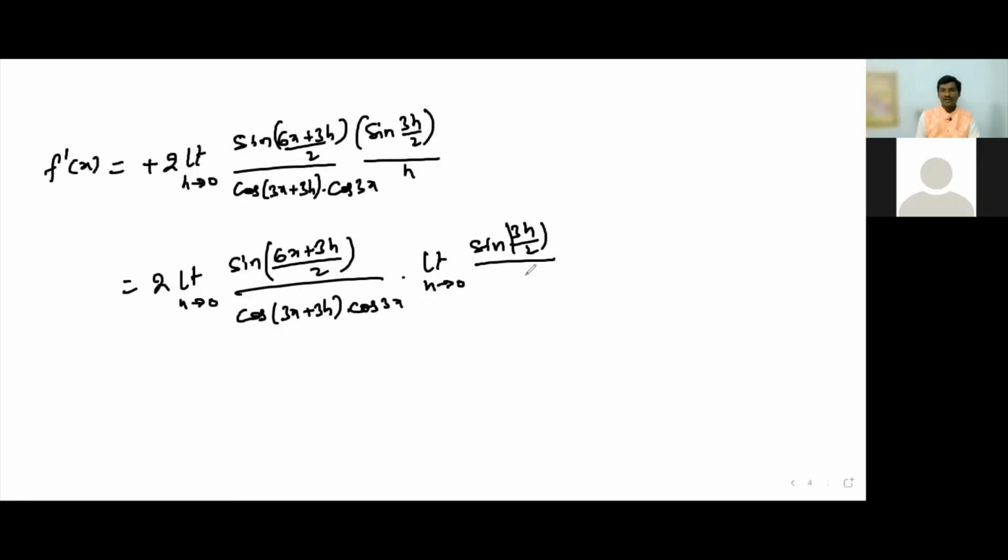The h coefficient is 3 by 2, so I am multiplying and dividing by 3 by 2.